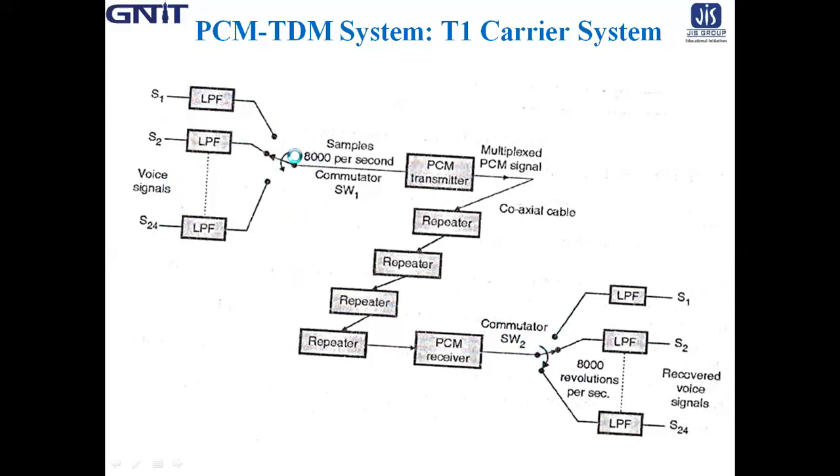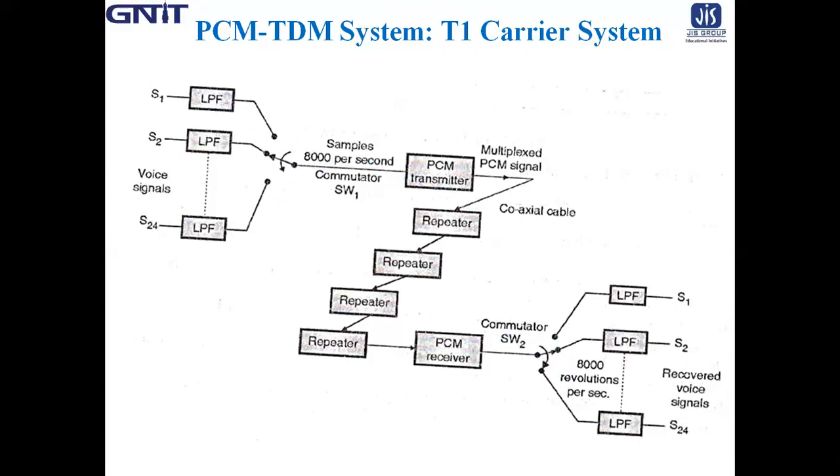If SW1 starts from S2, then SW2 also starts from S2. So these two switches SW1 and SW2 need to be synchronized. And the second condition is the revolutionary speed, that is 8 kilohertz or 8,000 per second. These two should be the same for SW1 and SW2.